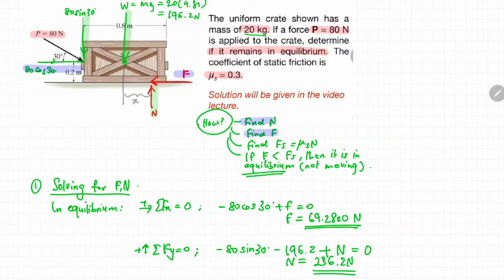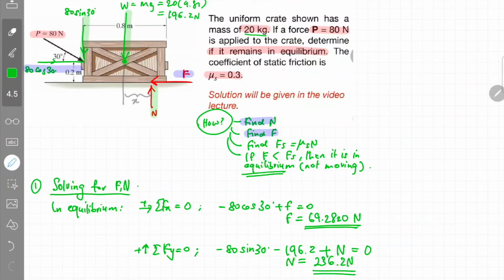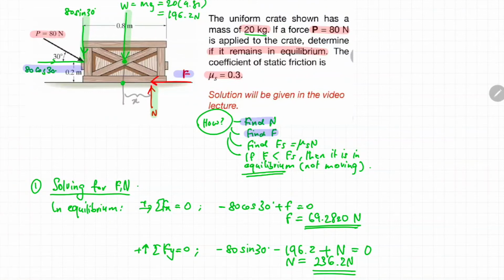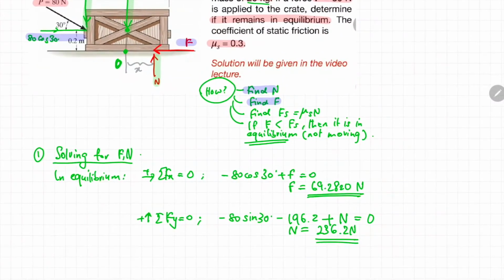Before we proceed to calculating the maximum static friction limit, let us calculate the value of x first. This can be attained by applying the equilibrium condition for moment. Let's say this is point O, so we apply the moment at point O. The main reason why we want to know the value of x is because we want to know if the force subjected to the crate will cause the crate to tip or slip.